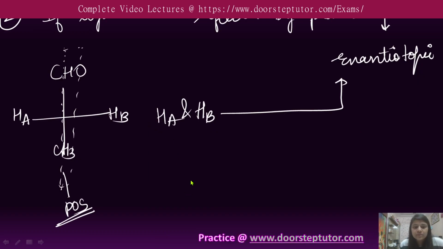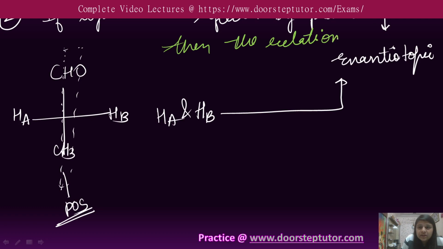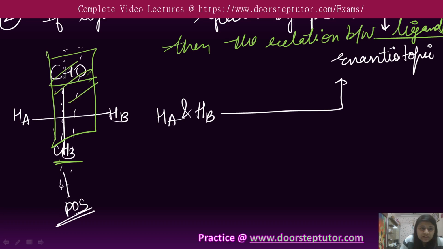The second rule of the symmetry method is, if the ligands are reflected by a plane, then the relation between the ligands is enantiotopic. Consider this particular example. We have CH2 and CH3. If I pass a plane like this, which bisects the aldehyde group and the methyl group, HA and HB are reflecting each other.